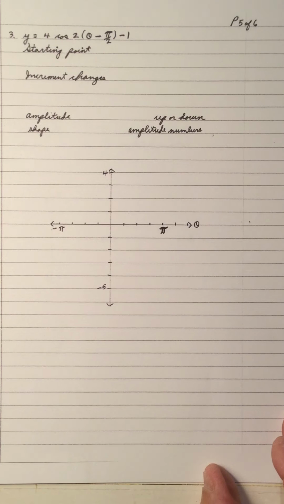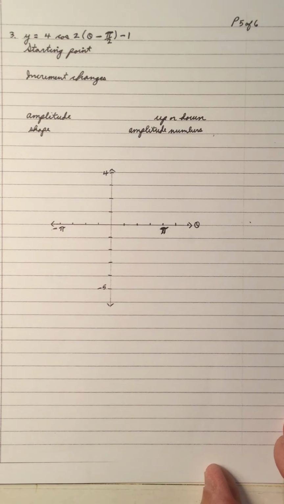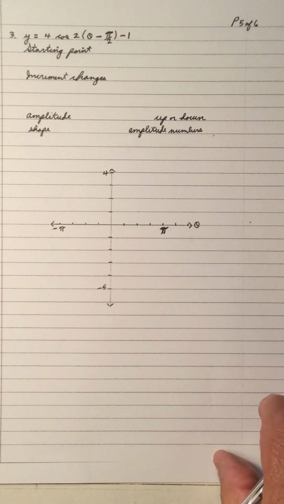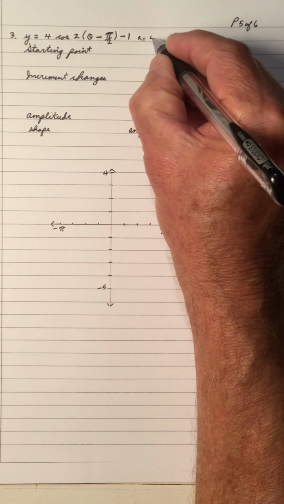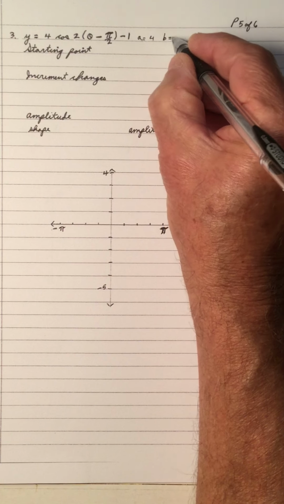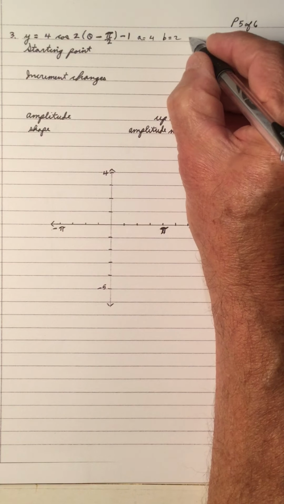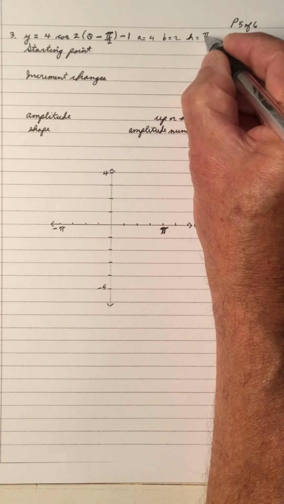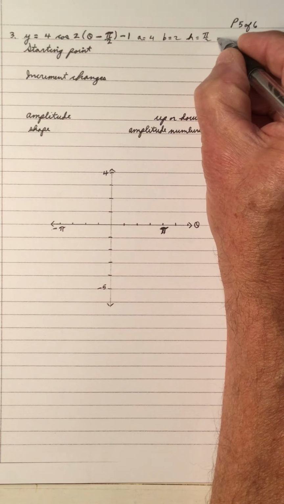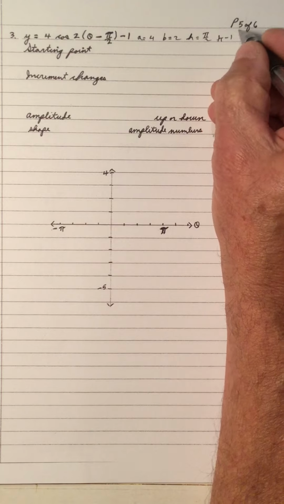Okay, let's look at another equation, but this one is in terms of cos. And again, let's look at what A is. A is 4, B is 2, H is pi over 2, this time in radians, and K is negative 1.